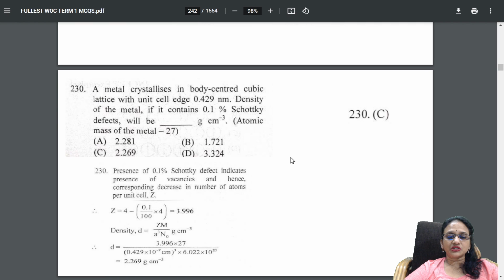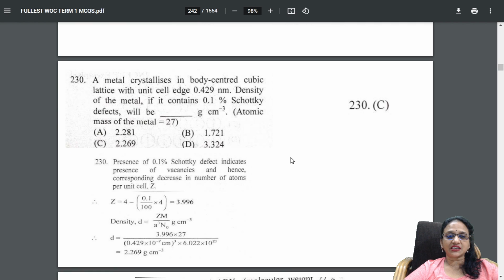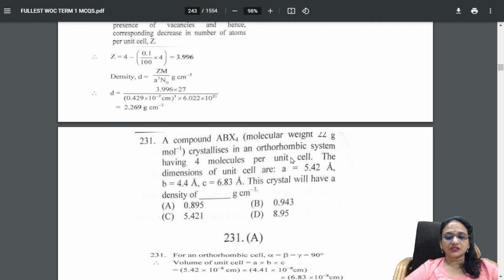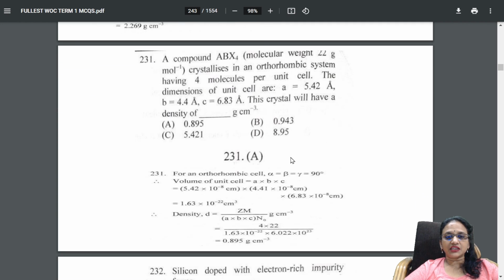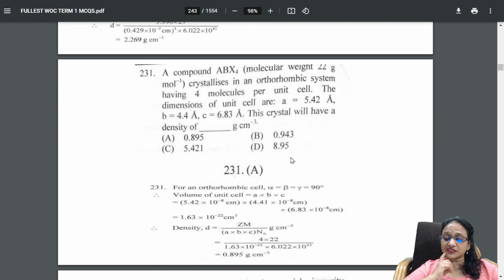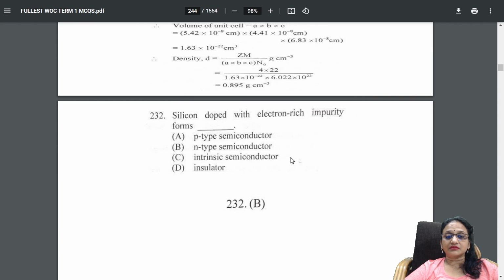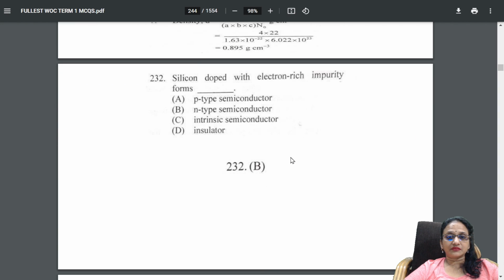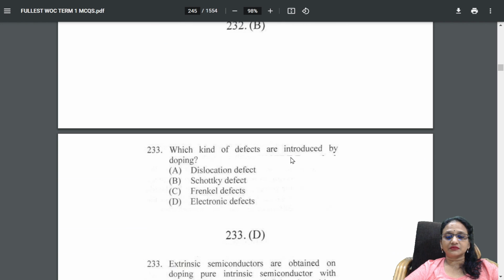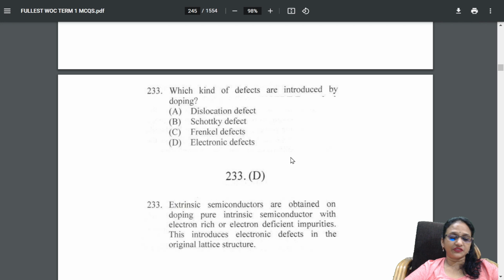Density numericals are further there, whichever are missing out. Calculation of density numericals are further here for you to calculate. Silicon doped with an electron-rich compound forms which type? A little bit of defects are further given here.